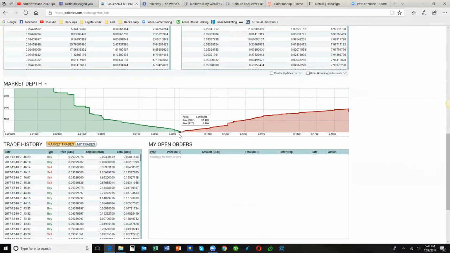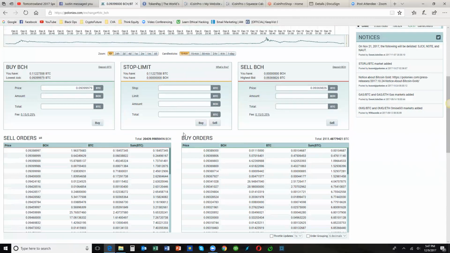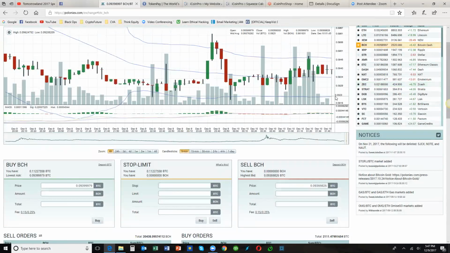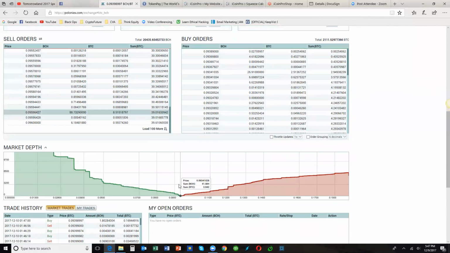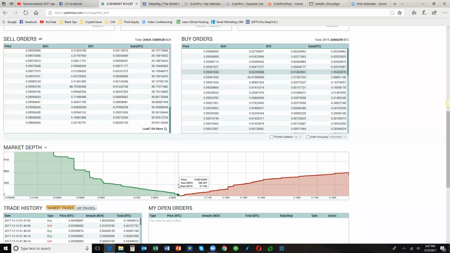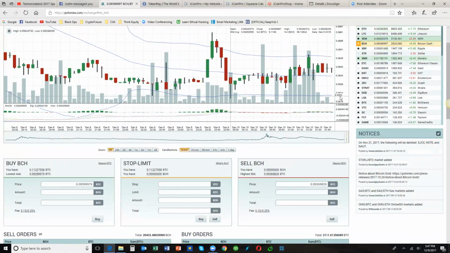So the sell wall is going to be at, let's say, 0.092. Did I say that right? What is it? 0.092. Well, that'd be down here.